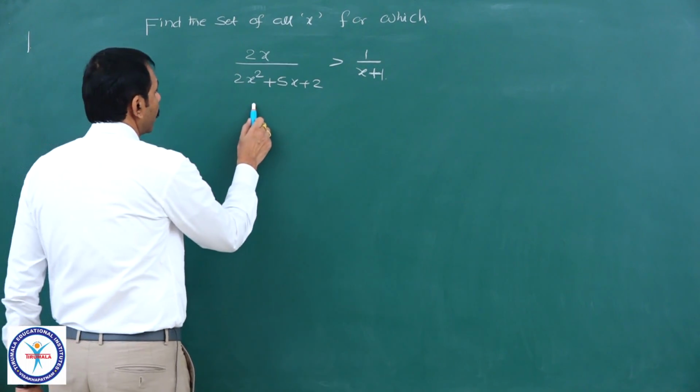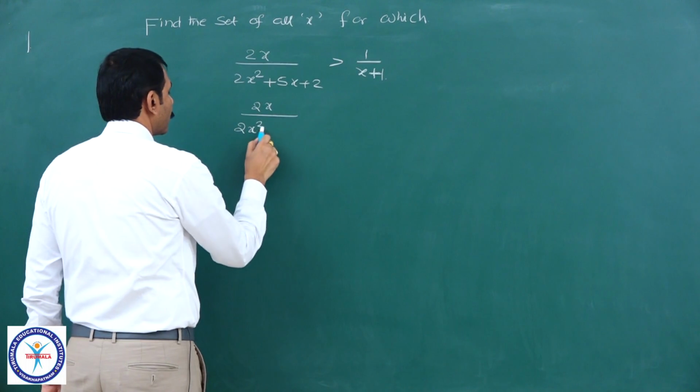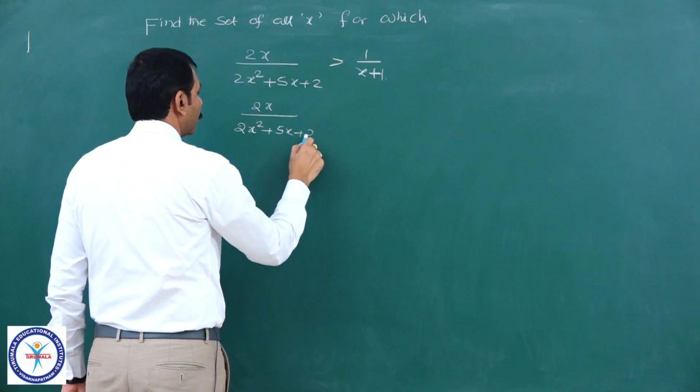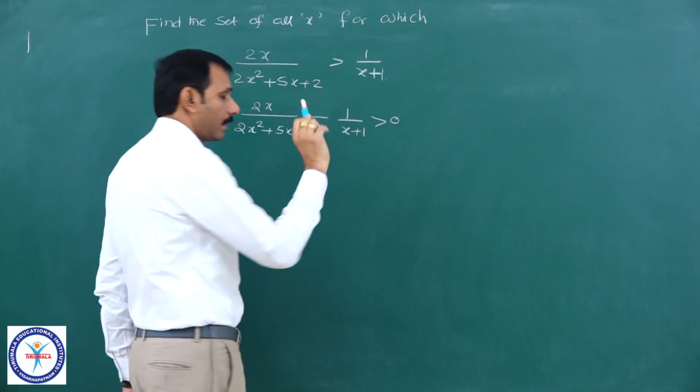So, what will I do here? I can write 2x by 2x square plus 5x plus 2 minus 1 by x plus 1 greater than 0.